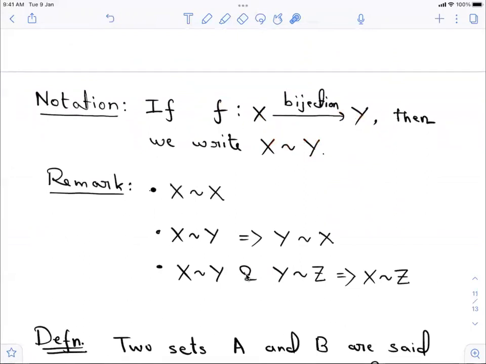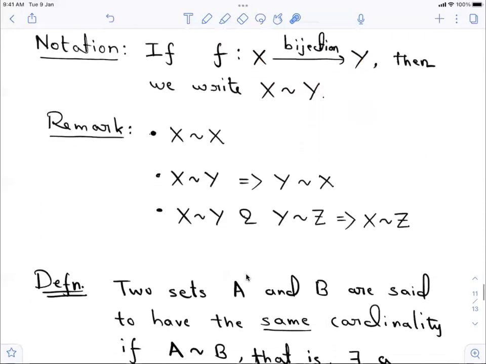That is the correct notion of cardinality. If you can find a bijection from X to Y, then X and Y have the same cardinality. It turns out that you cannot find a bijection from the set of natural numbers to the real numbers. Therefore, they have different cardinalities.